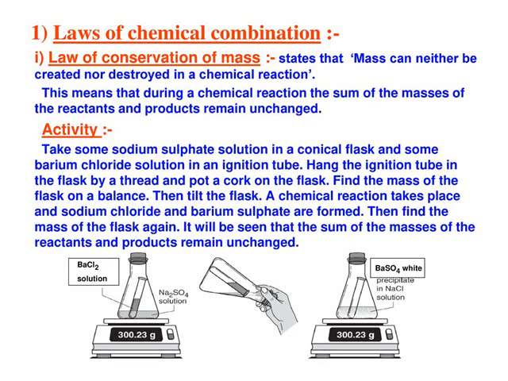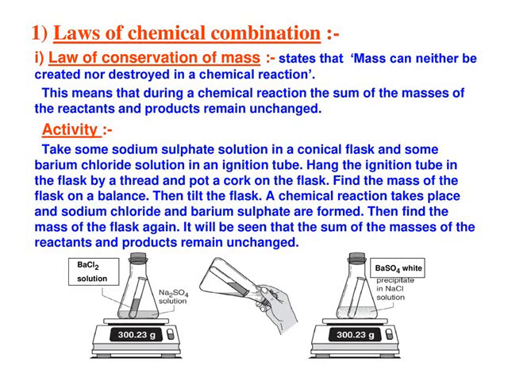This test tube has to be carefully inserted into the conical flask, taking care that the two solutions do not get mixed up, and it is done with the help of a thread. So a thread is tied on the neck of the test tube and carefully inserted into the conical flask where we have taken sodium sulphate solution.